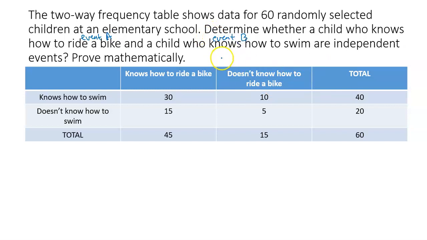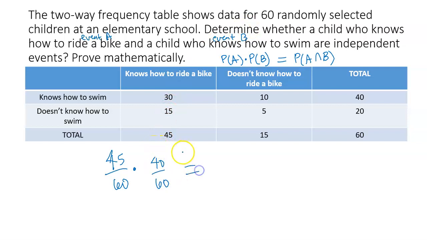Okay, so remember, we're just checking, is the probability that event A occurs times the probability that event B occurs equal to the probability of A intersect B? If they are equal, they are independent. If they are not equal, they are dependent. So the probability that a child knows how to ride a bike would be 45 out of 60 times the probability that they know how to swim, which is 40 out of 60. Does that equal the probability of the intersection of knows how to ride a bike and knows how to swim?